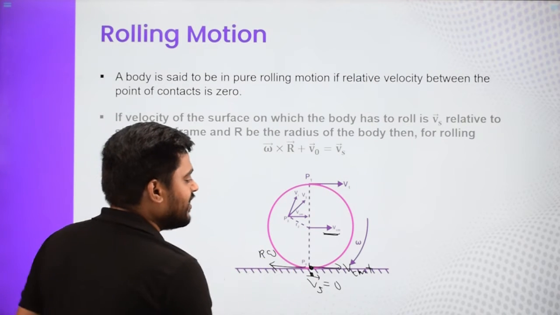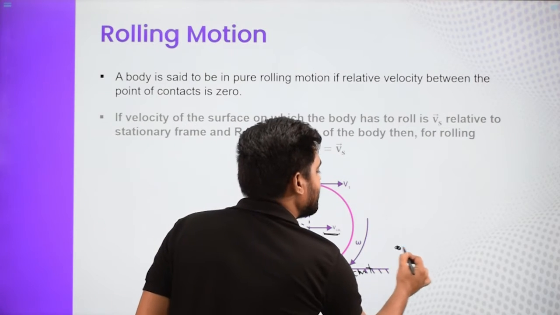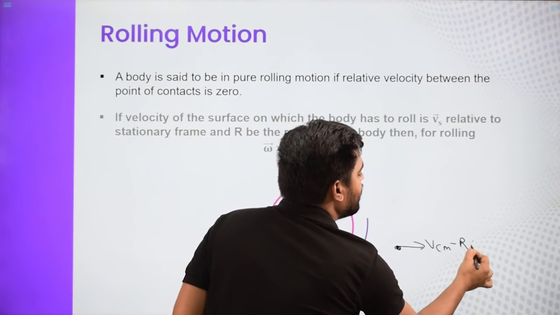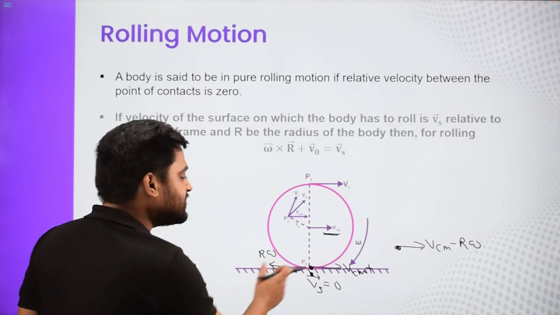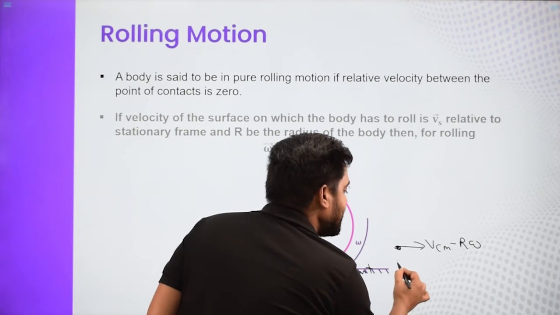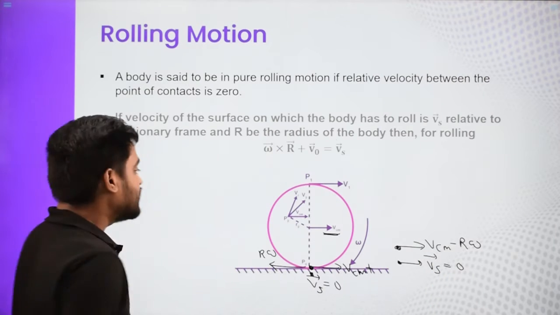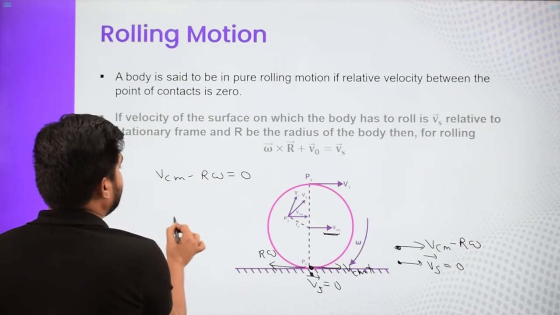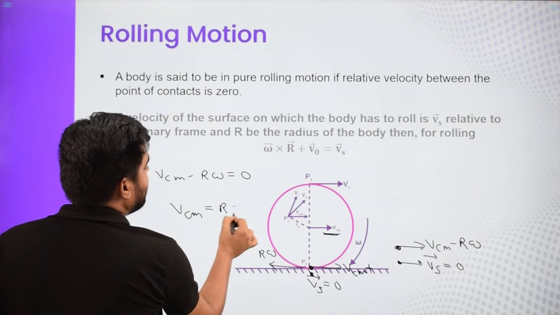Adding these two velocity vectors, the overall velocity is VCM minus r omega, because r omega is towards the left and VCM is towards the right. So overall this point is moving towards the right with a velocity of VCM minus r omega, and this should be the same as Vs, the velocity of the surface in contact, and that is 0. So VCM minus r omega must be 0, and that gives me that the velocity of the center of mass of the object must be equal to r omega.